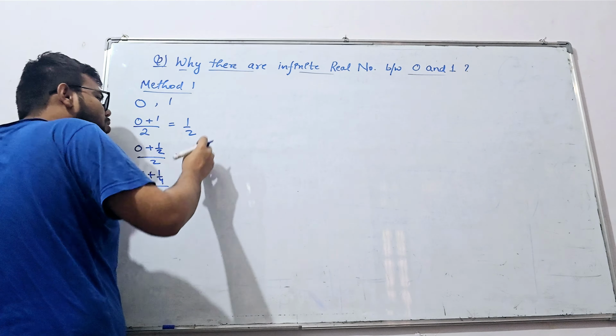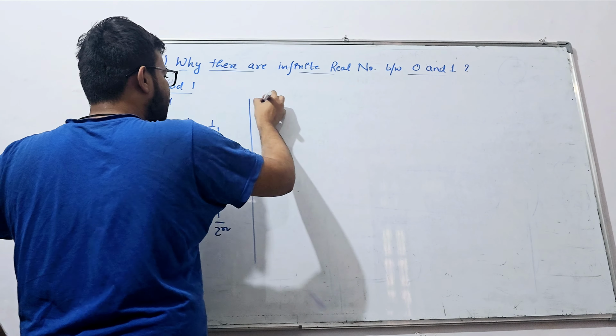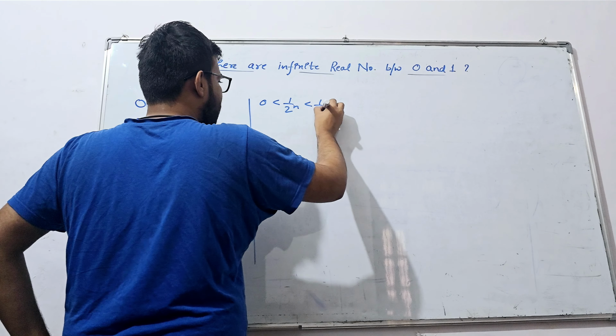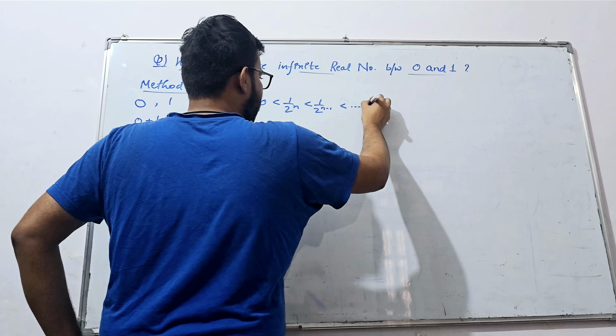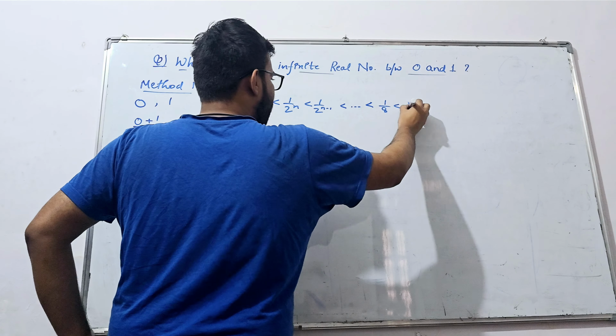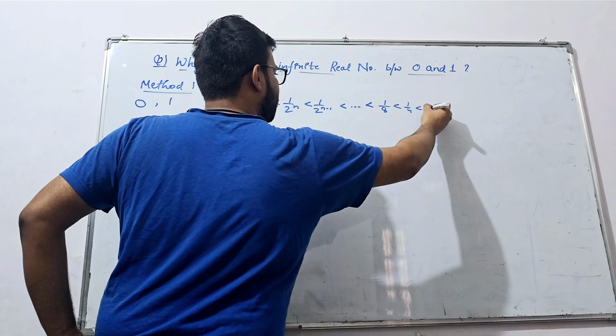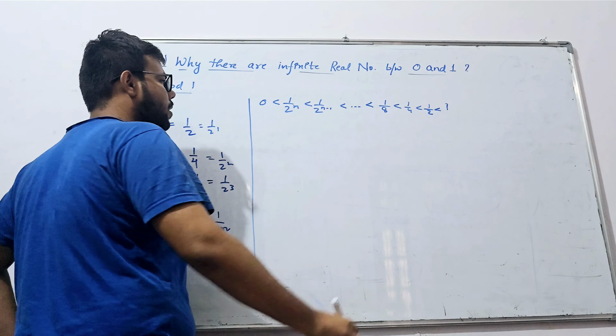So you observe a pattern. This is 1 upon 2 to the power 1, 1 upon 2 square, 1 upon 2 cube, till 1 upon 2 to the power n, right? So notice that this is 1 upon 8, 1 upon 4, 1 upon 2, and this is 1.